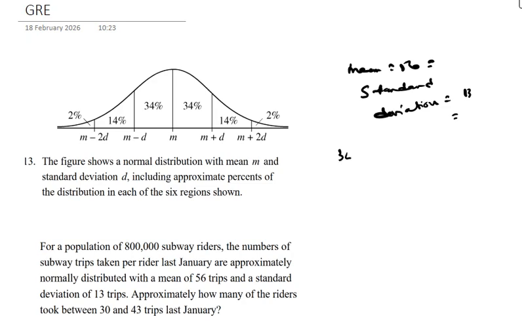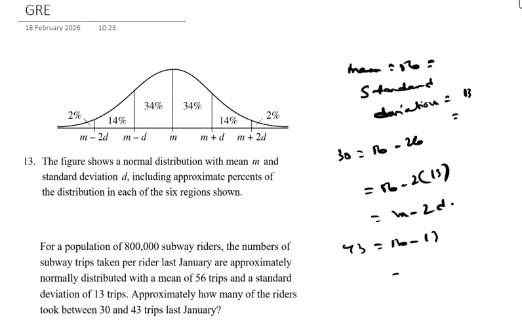So 30 is 56 minus 2 into 13, that is M minus 2D, and 43 is 56 minus 13, that is M minus D. So the area between M minus 2D and M minus D is near about 14%. Now 14% of 8 lakh is 1,12,000. So the final answer is approximately 1,12,000 riders. So this is the whole solution for this question.